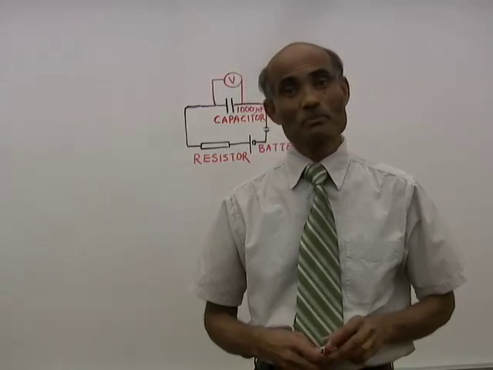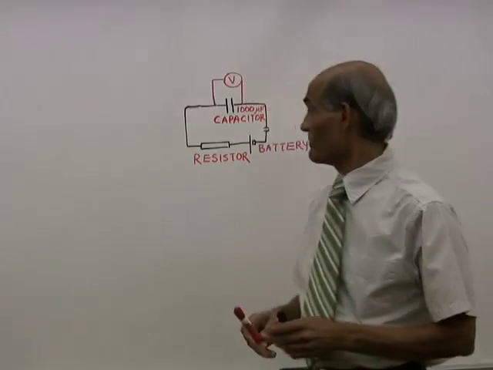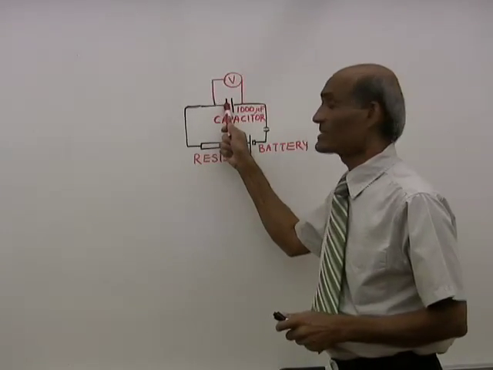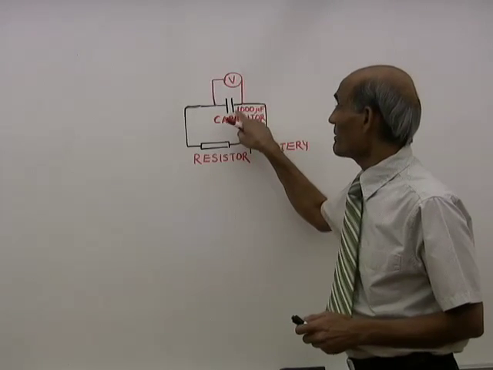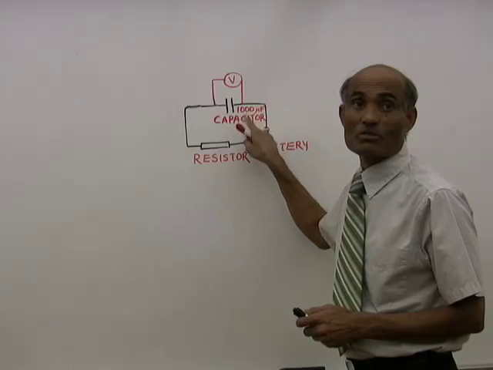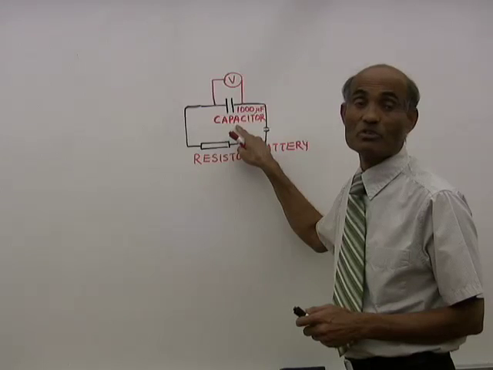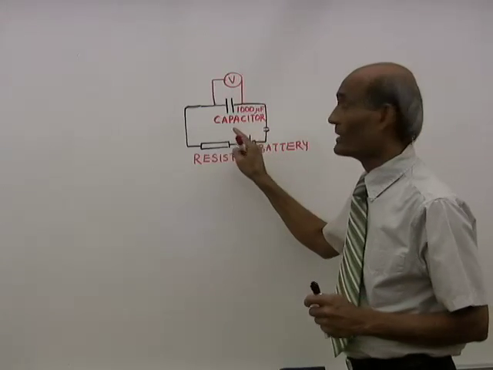Hello. The purpose of this experiment is to investigate a capacitor resistor circuit. Now we have a 1000 microfarad capacitor. I have given you these values in the lab manual.